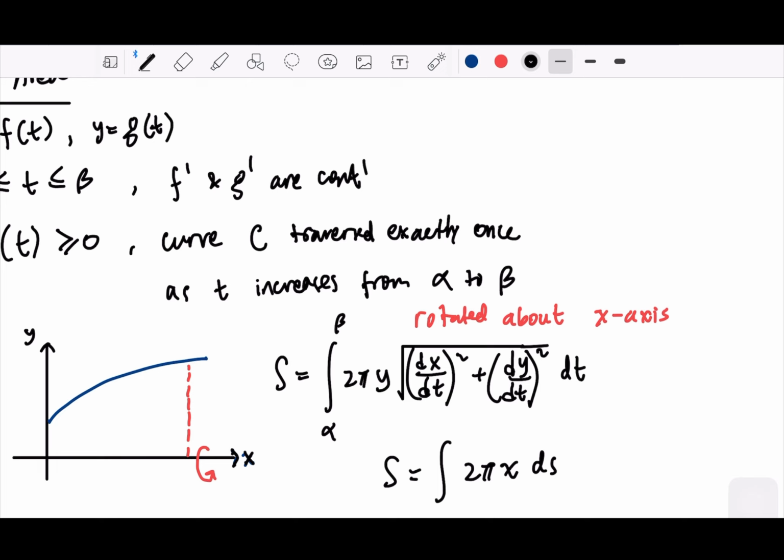But basically, all the calculus 1 formulas we are still going to use, but we are changing some parts into parametric. Sometimes people write ds or el, but of course this part here is the arc length.